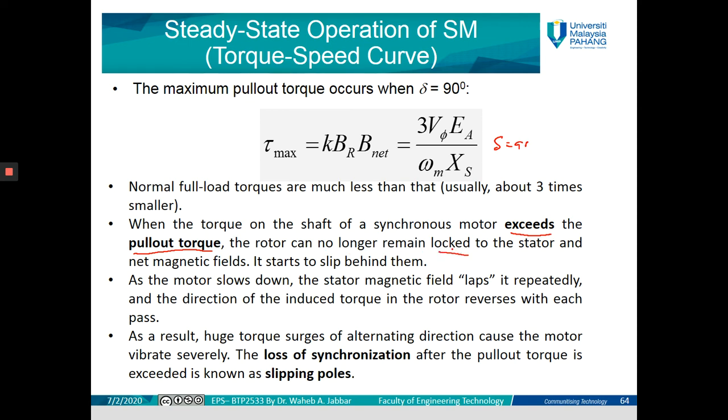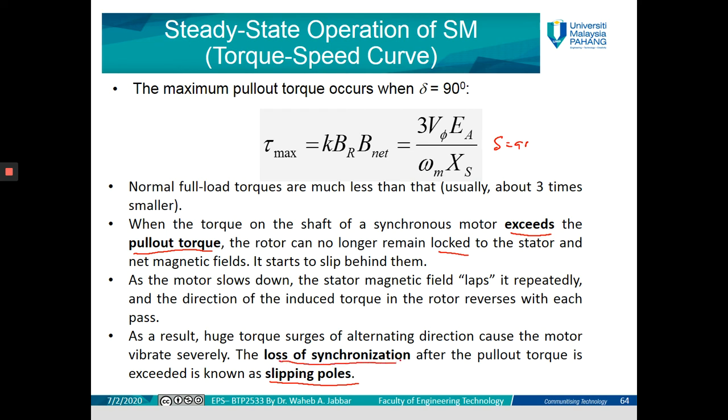There will be a drop in the magnetic flux coupling between the rotor and stator, and this will cause the machine to slow down and also stop. The loss of synchronization after the pull out torque is exceeded is known as slipping pole. So slipping pole is caused by the loss of synchronization.